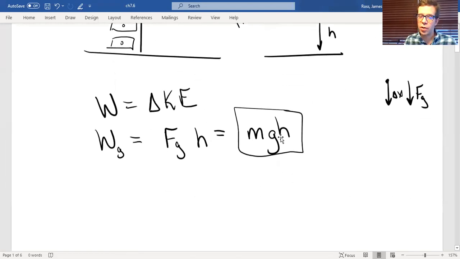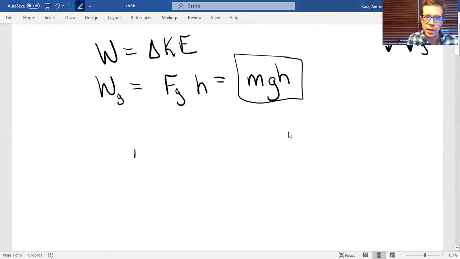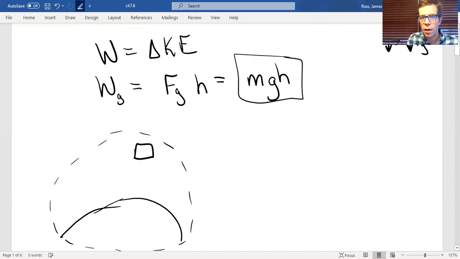And that's equal to the change in energy, right? So where does that energy come from, right? We introduced this idea of a system that includes the Earth and the object.